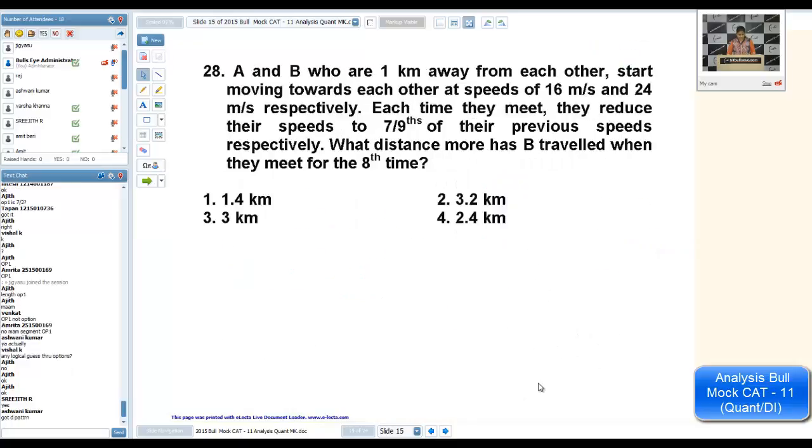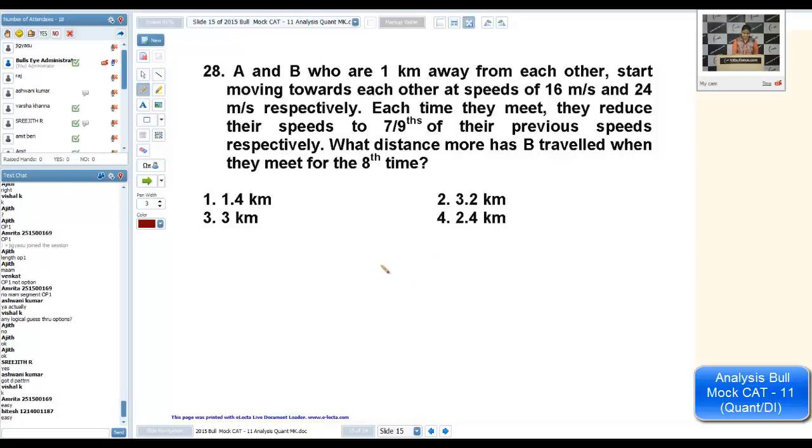Okay, so let us move. 28. It was easy. Again, a TSG question on the same logic. You got that? Easy actually. You can see the pattern only.